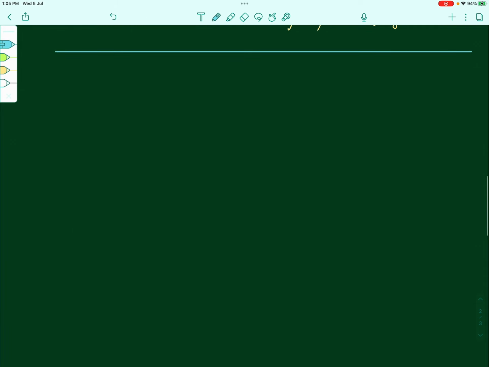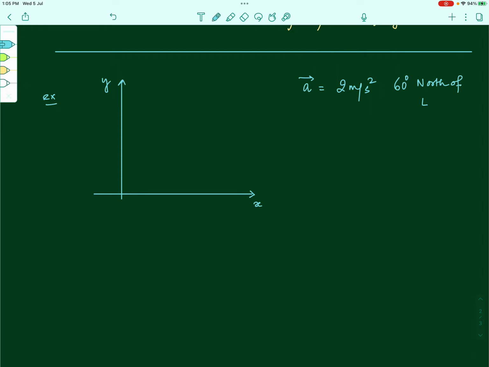So it is given to us that there is a particle which is moving in the xy plane. This is the x-axis, this is the y-axis, and it is given that the particle is moving in such a way that its acceleration is 2 meter per second squared, making an angle of 60 degrees north of east. This is the direction of acceleration, 60 degrees north of east.